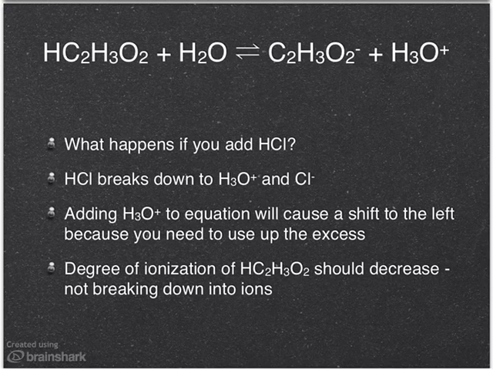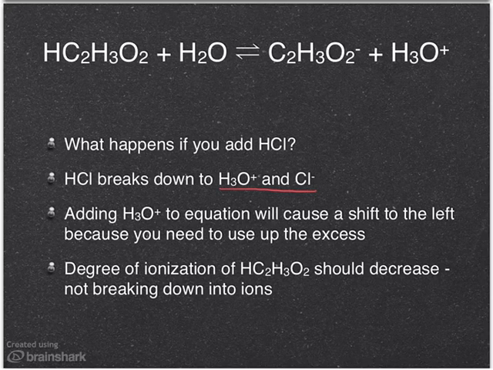So let's say we take the following example. You have acetic acid being ionized in water, to form an acetate ion and the hydronium ion. What's going to happen if you actually add HCl to this? So let's actually go and do it. If you add HCl, HCl breaks down, and when it breaks down, you form H3O plus and Cl minus.